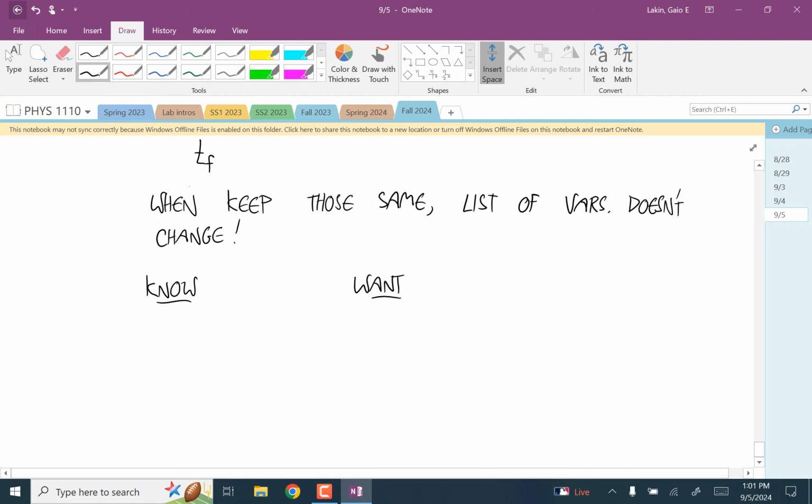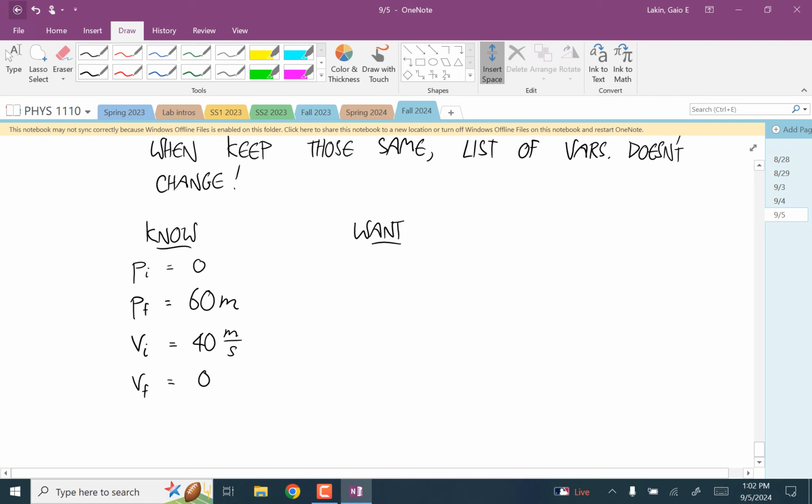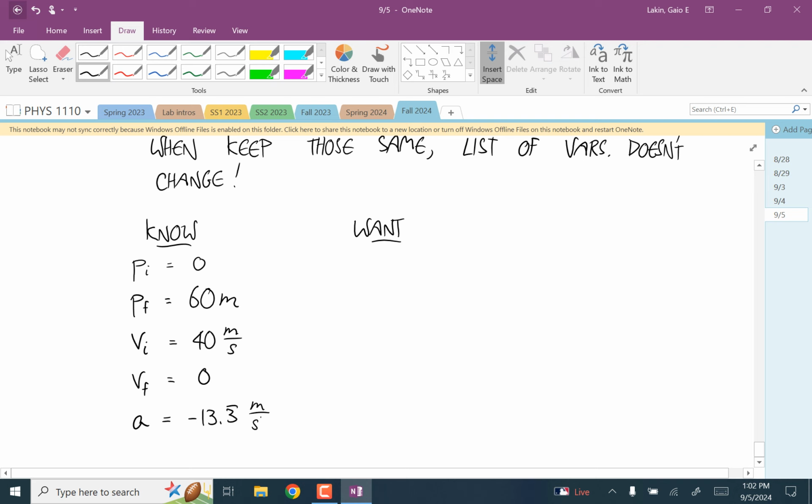Is that what it was, 60? VI is equal to 40. VF is equal to 0. And now we know that the acceleration is equal to negative 13.3 repeating. And what are we looking for now? What are we trying to find? Time final. Yep, time final, TF.